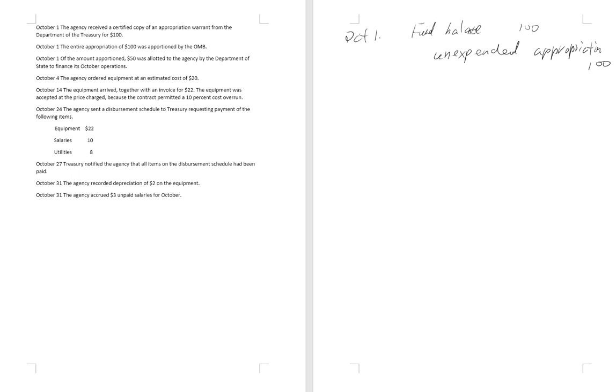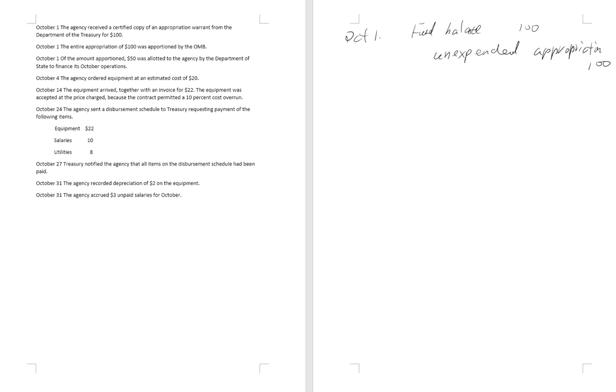Then the same day, the department allots $50 to the agency. It's for control purposes, so later they're going to allot the other 50.